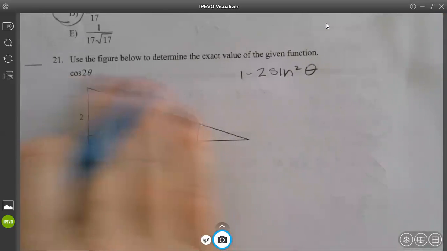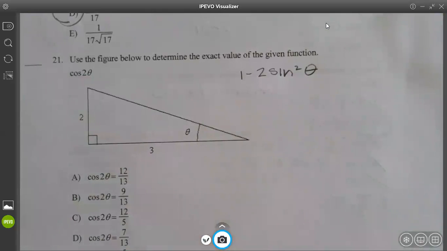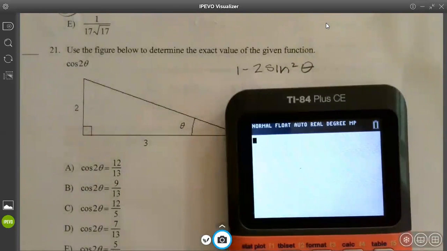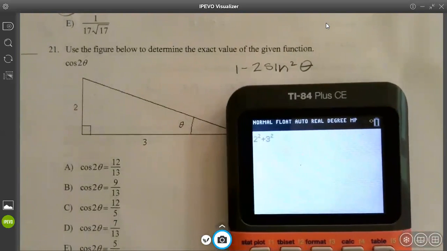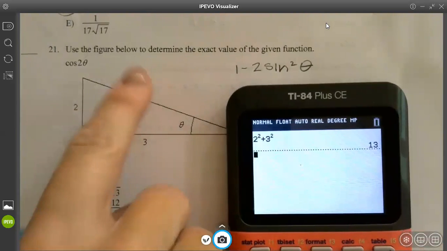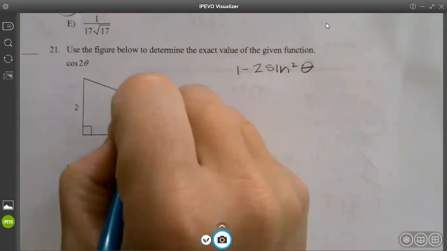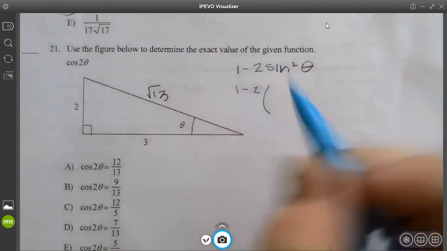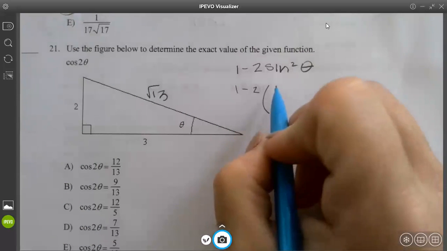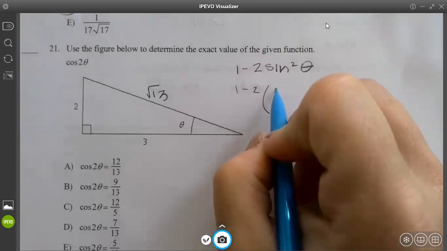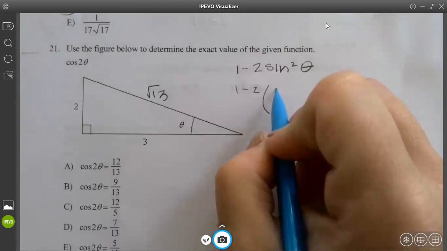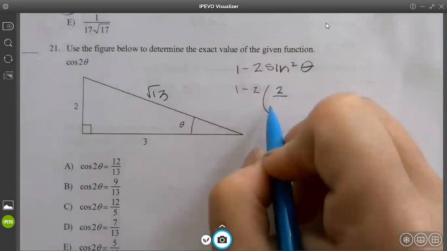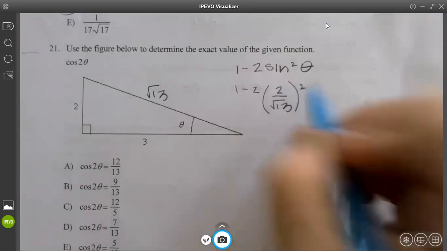What do I have to do on my triangle then? How do I do it? Tell me. The hypotenuse squared equals 13, so what is your hypotenuse? Square root of 13. So 1 minus 2. What's your sine ratio? Opposite is 2, hypotenuse is square root of 13, and we're going to square that.